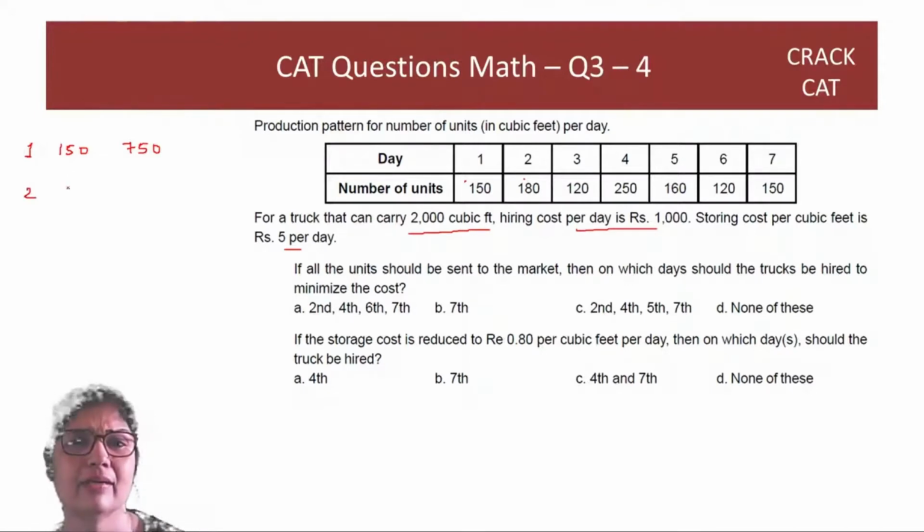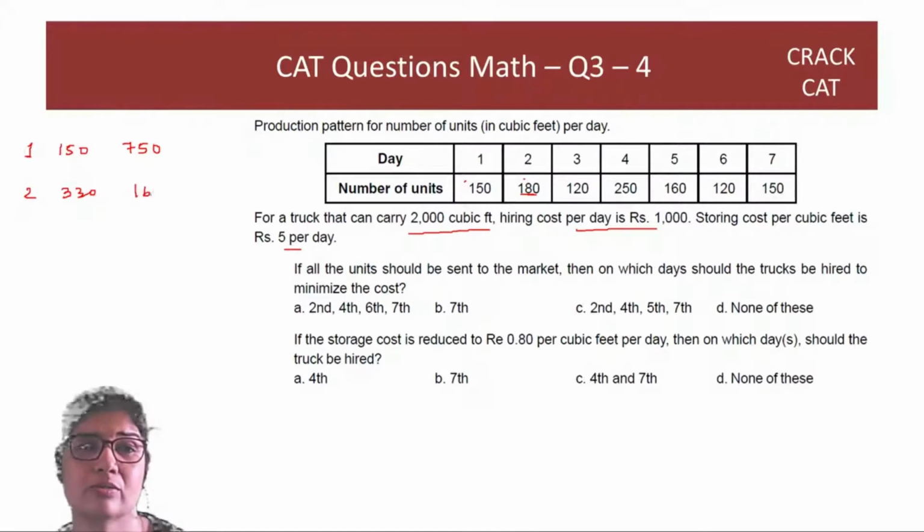On the second day, you have totally 330 units because 180 units is added to the 150. Now, the storing cost is a lot. So you'll hire the truck, and you will ensure that these 330 units are transported. So it's cheaper to hire a truck compared to storing 330 units.